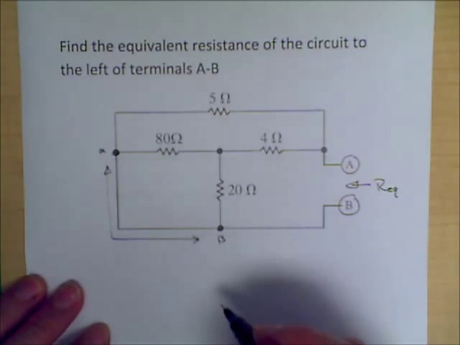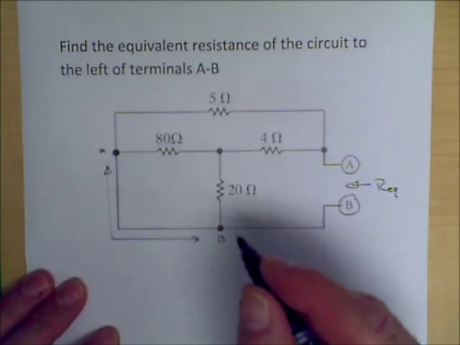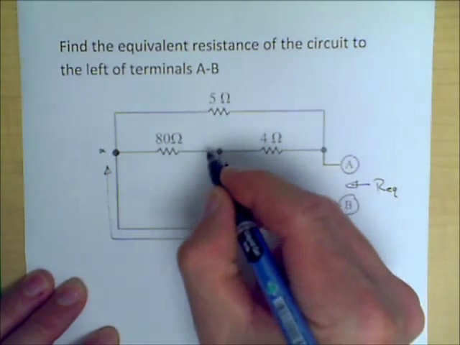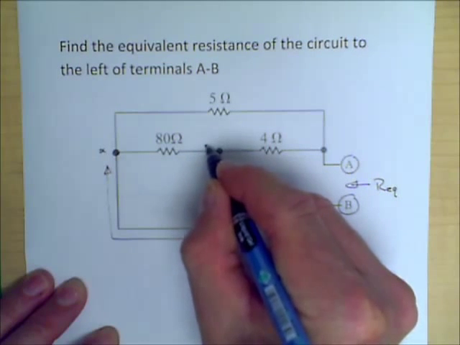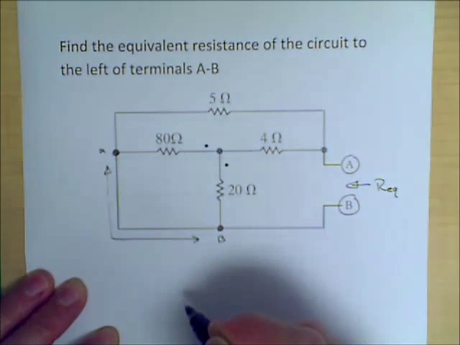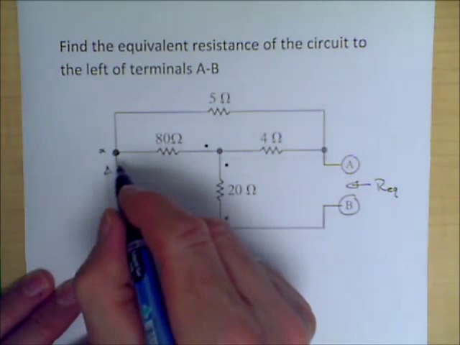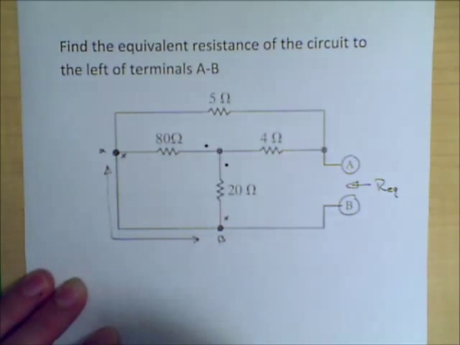And so if you can recognize that, you'll find that the top of the 20 ohm resistor and the top of the 80 ohm resistor are connected together. The bottom of the 20 ohm resistor and the bottom of the 80 ohm resistor are connected together.